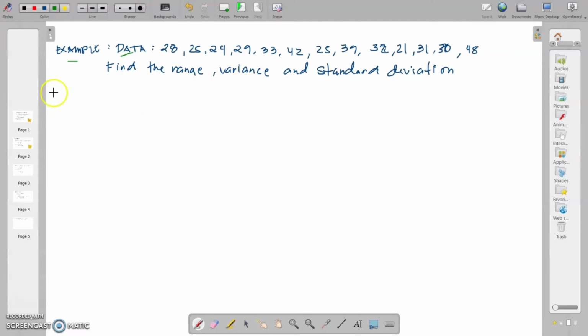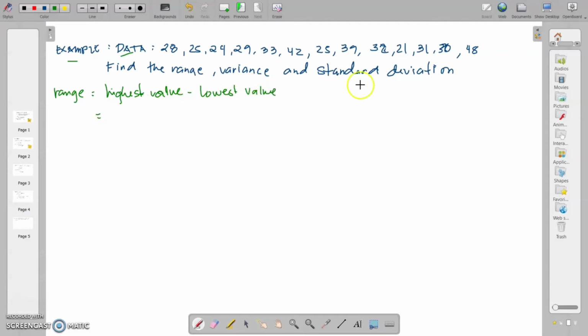First is to find the range. The range is the highest value minus the lowest value.